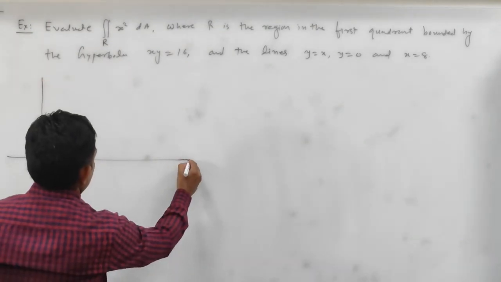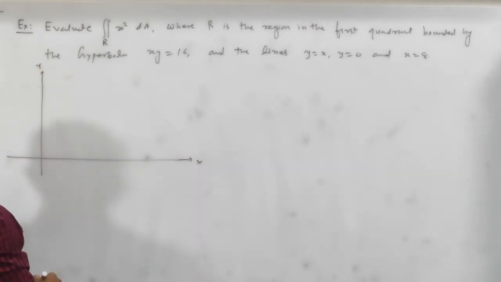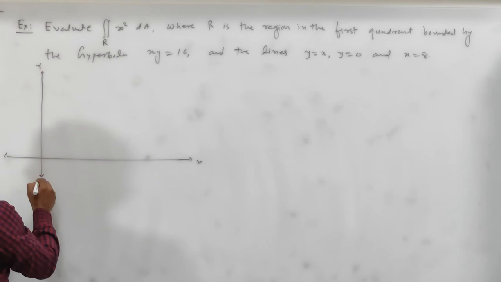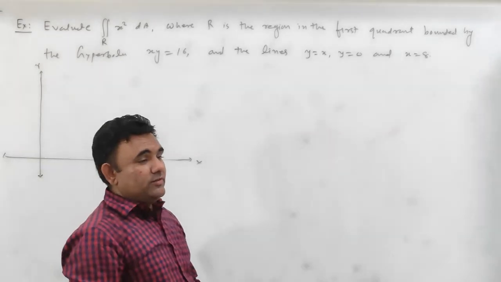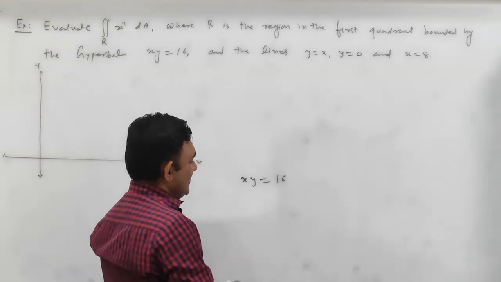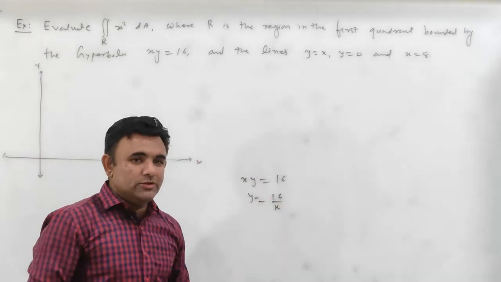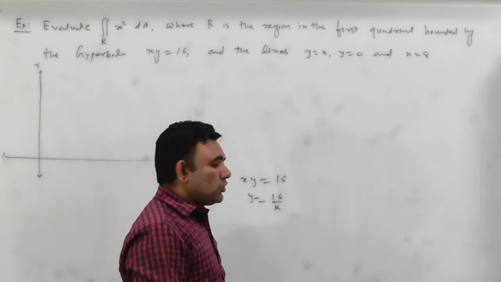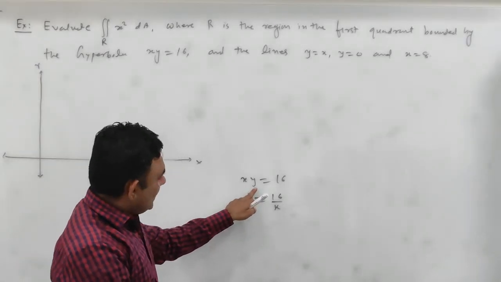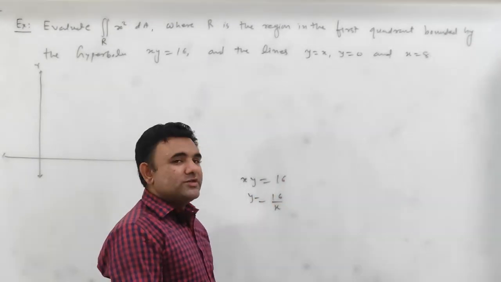So this is my x axis, y axis. Okay, xy equal to 16. How does its graph look? It is y is equal to 16 by x. Of course x will not be 0, and y is also not 0. Suppose x or y is 0, then this product is 0, so 0 equal to 16 is not possible.